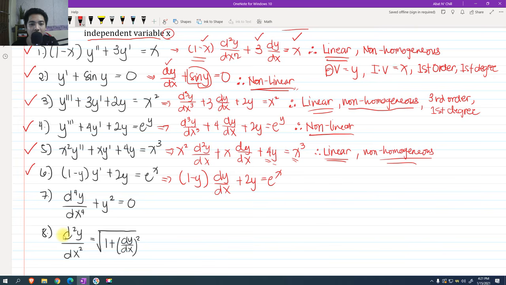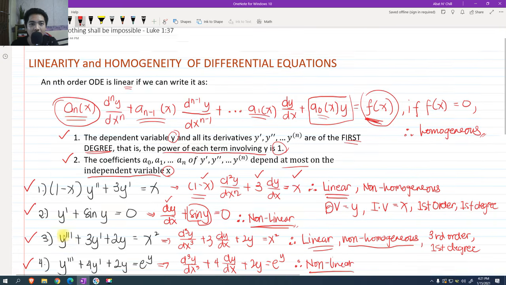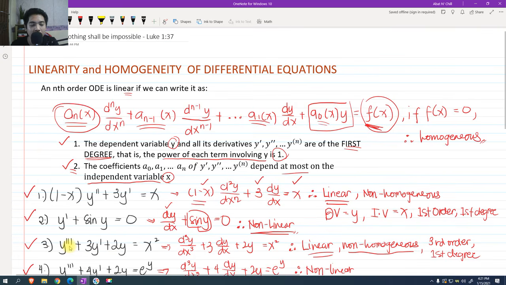But the problem is that in this term, we have y. Our second note or condition is that the coefficients of the derivatives, a sub 0, a sub 1, etc., should be dependent at most on the independent variable x.